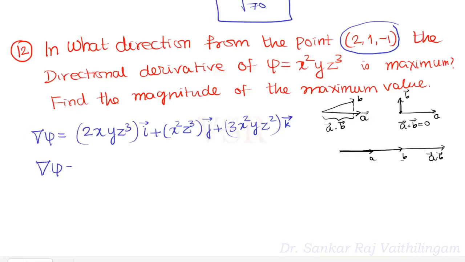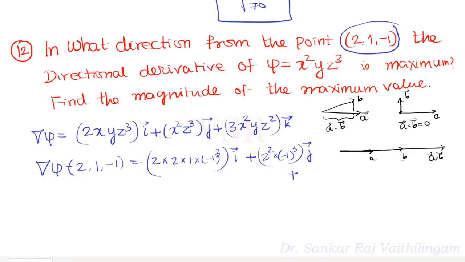We need to calculate the value at this point. So del phi at the point (2, 1, -1) is equal to, I am going to substitute these in. What will we get? 2 already, 2 into x replaced by 2, y replaced by 1, z replaced by -1, so (-1) the whole cube, this into i vector. Plus x replaced by 2, so 2 square into z replaced by -1, (-1) the whole cube, into j vector.